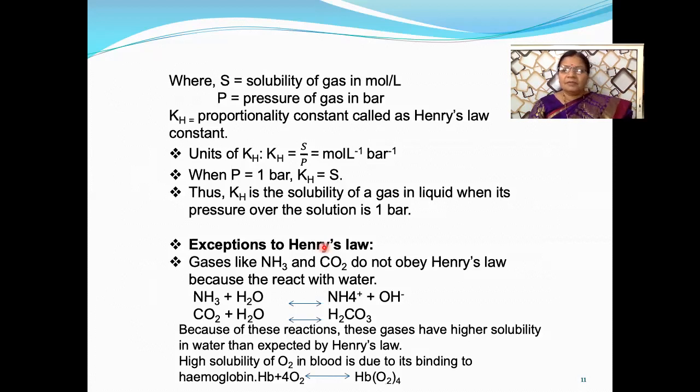Again, another example: oxygen has less solubility, but in blood it has higher solubility, which is due to the binding of oxygen with the hemoglobin present in the blood. So the reaction is Hb plus 4O2 gives Hb(O2)4.